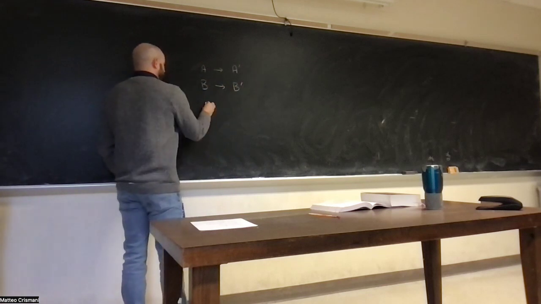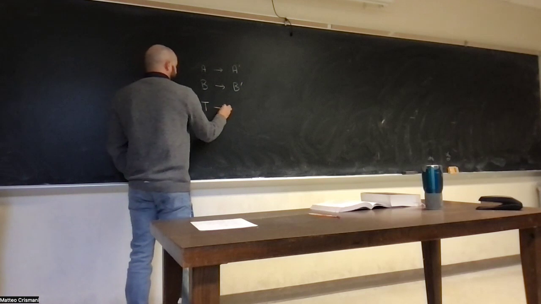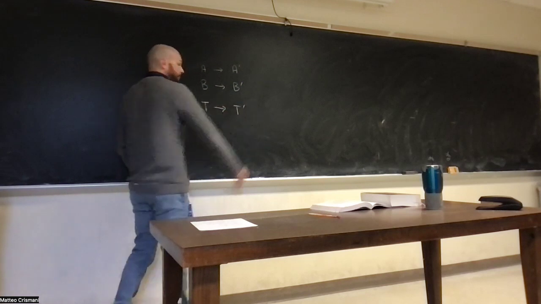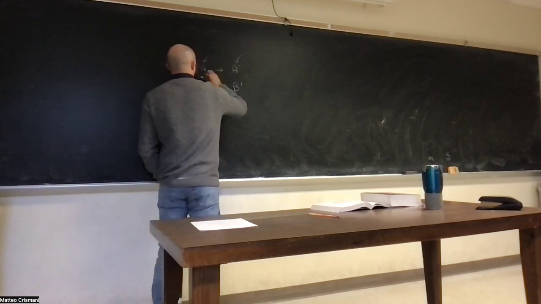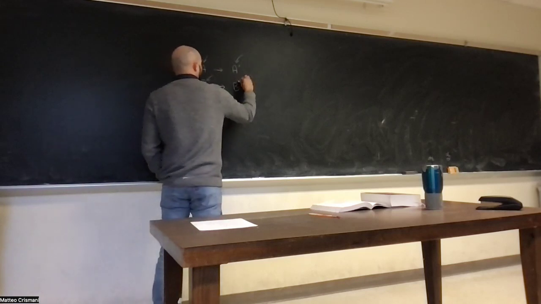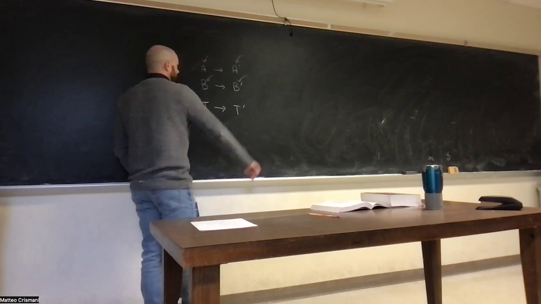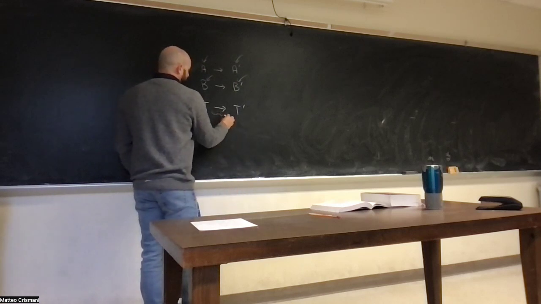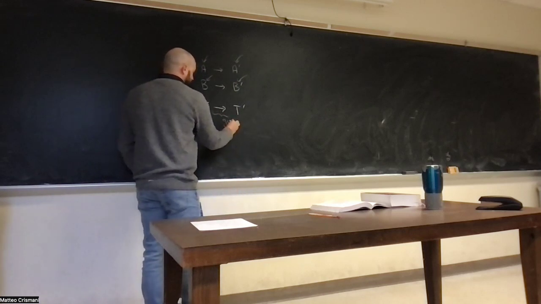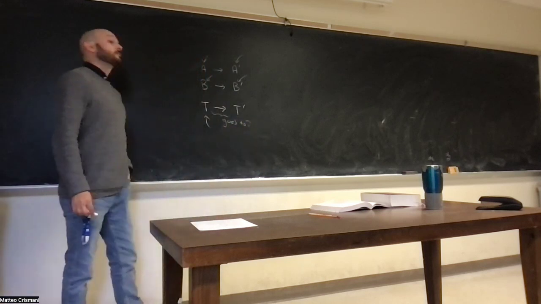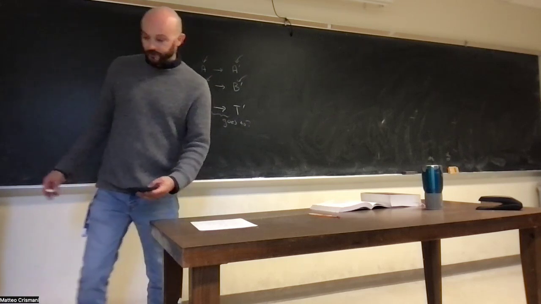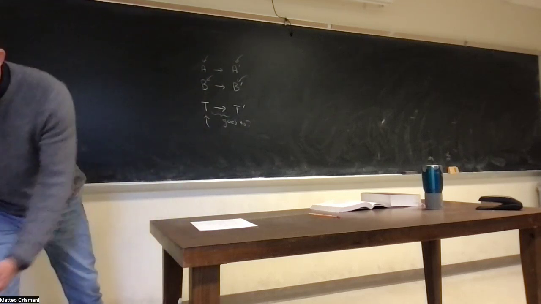You have a tensor T that goes to T prime. These are given. And this is given. What does this mean, goes to? Multiplied by some sort of rotation matrix? Right, yeah, so there's the transformation, and we call that a rotation matrix.